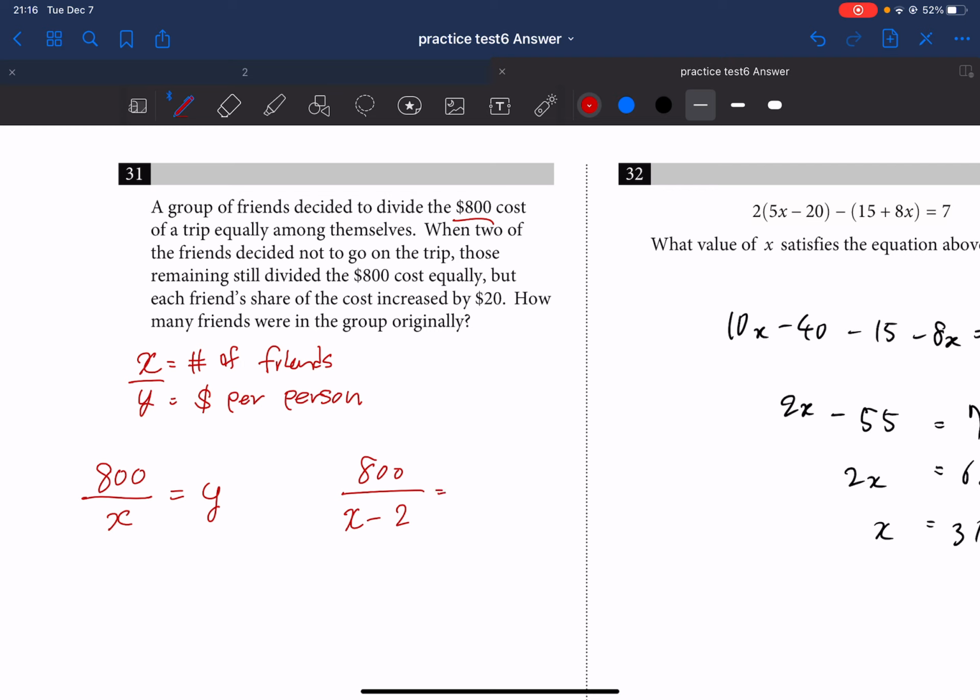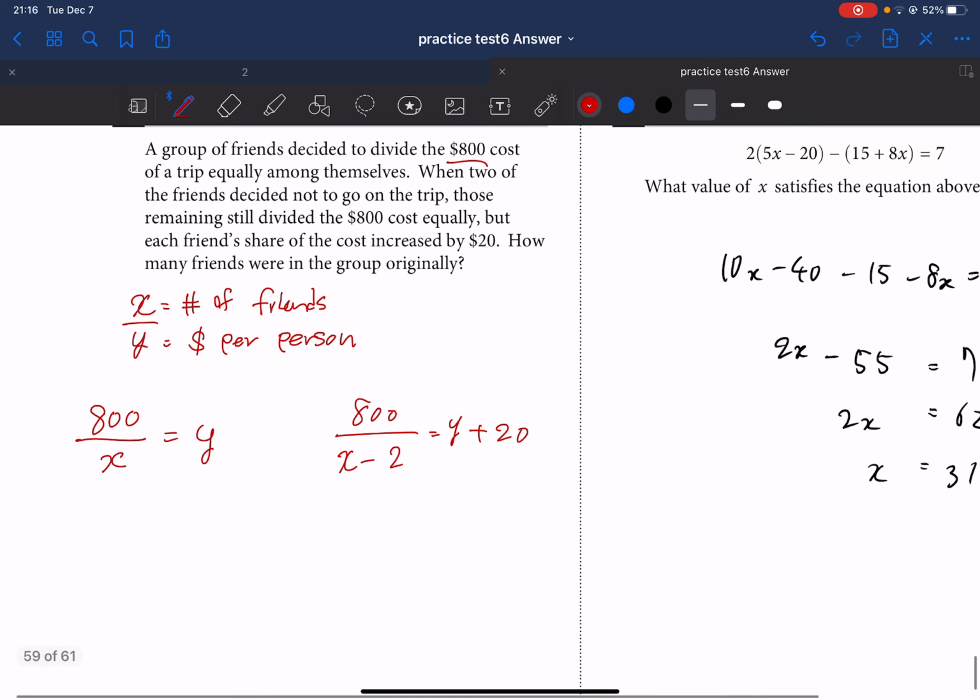And then that equals the same y as before, but this time each friend's share of the cost increased by 20, so plus 20 per person, right?